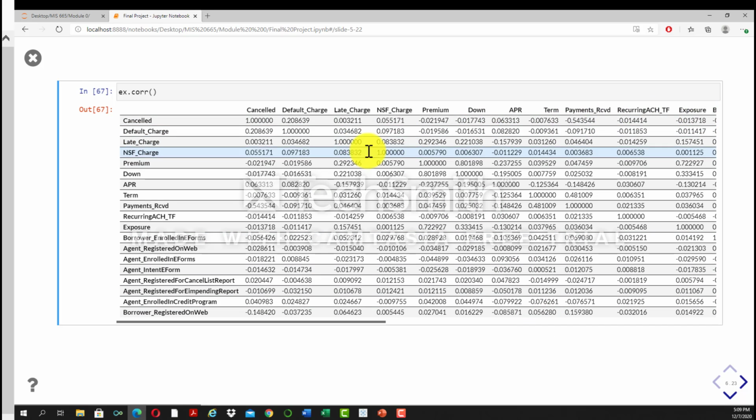Late charge has a positive relationship, premium has a negative relationship, and payment has a negative relationship with cancel. Positive relationship means as late charges increase, cancellation will increase, and as payments received decrease, cancellation will increase.